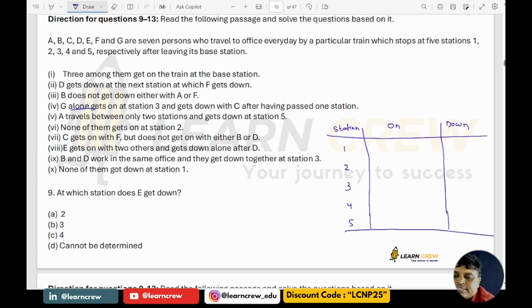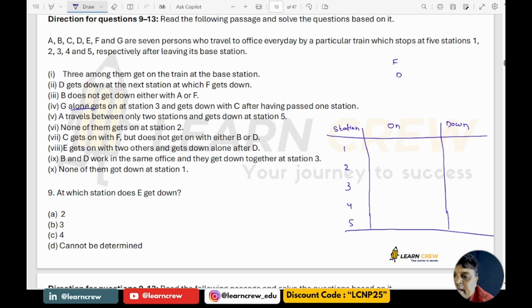Right. So what is given here? 3 among them get on the train at the base station. Now, D gets down at the next station at which F gets down.